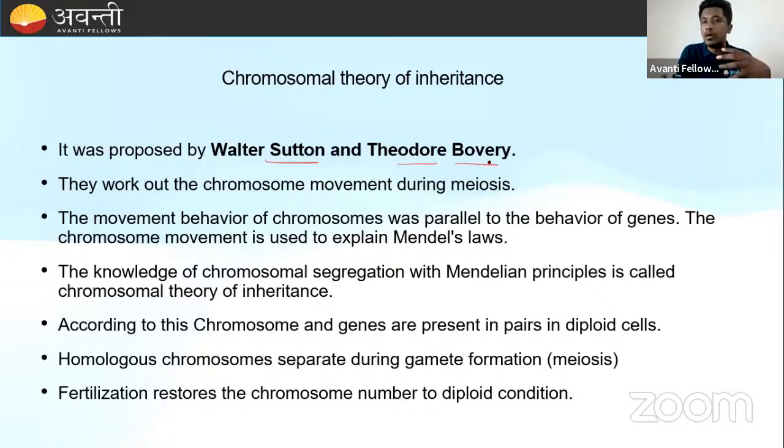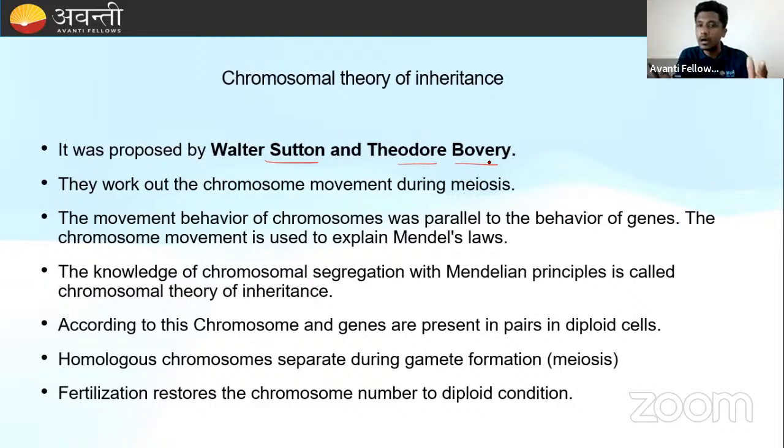Their work is basically on the movement of chromosomes during meiosis. We have studied what is meiosis and mitosis, and in meiosis we come across a very important term called crossing over, where the recombination nodule is formed and the recombination happens. So their study was basically on how this movement of chromosomes influences the characteristics during meiosis. They came to a conclusion that the chromosomes are not much different compared to genes.